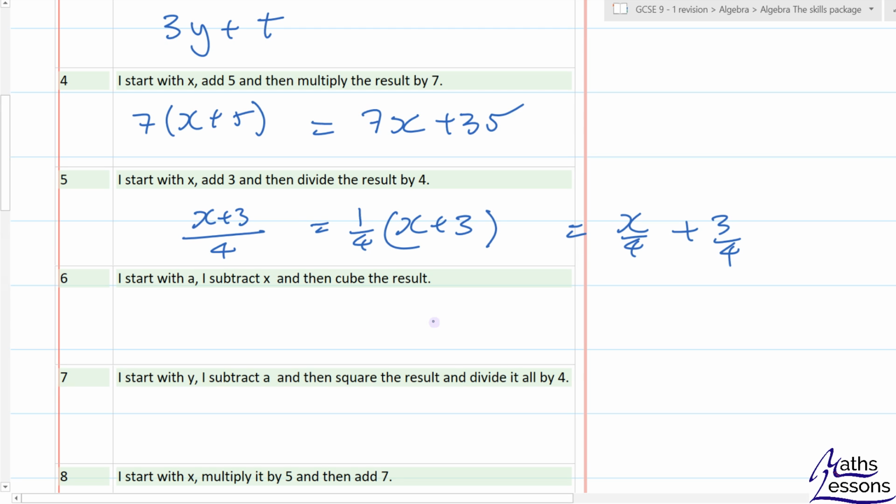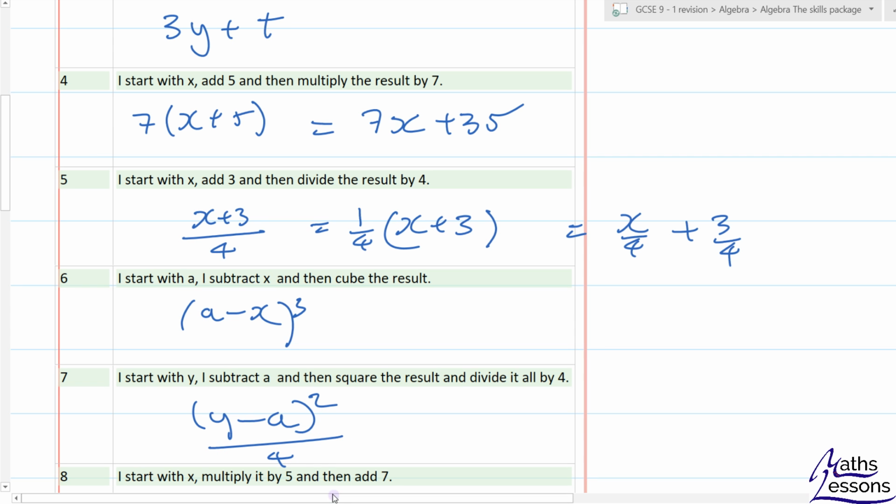Okay, that should have been enough time to do both. Start with A, subtract X, then square the result. And the next one: start with Y, subtract X, square the result, and divide by 4.